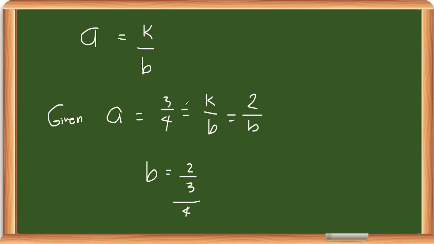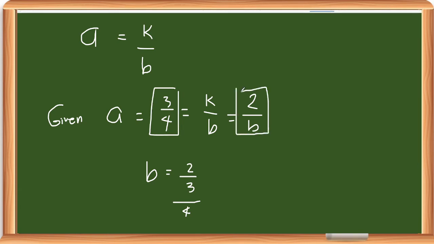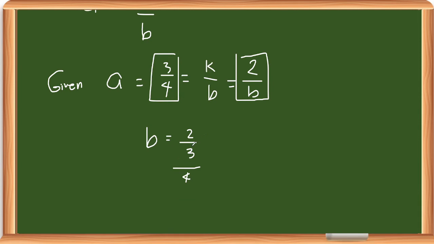Okay, so we're going to use this one and this one. That's why B is equal to 2 over 3 over 4. So B therefore is equal to 2 times 4 over 3, which is equal to 8 over 3.